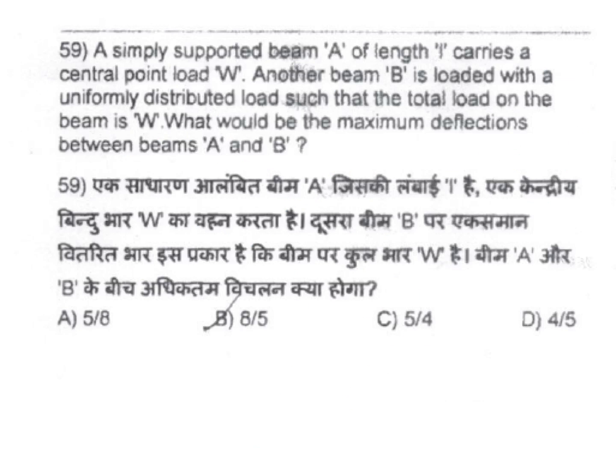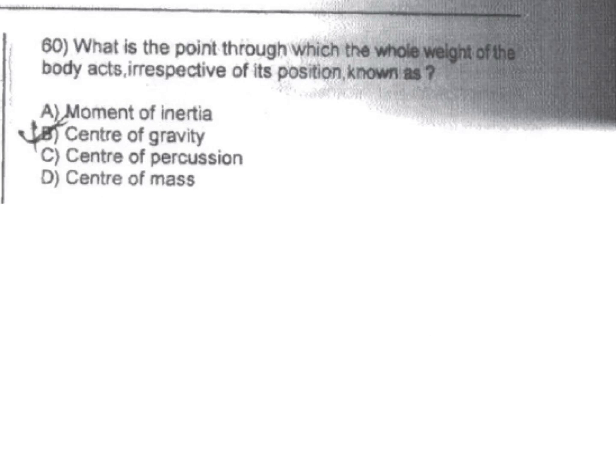What is the point through which the whole weight of the body acts irrespective of its position, known as? This is center of gravity, CG point, the whole weight of the body acts. How can the Young's modulus be defined?